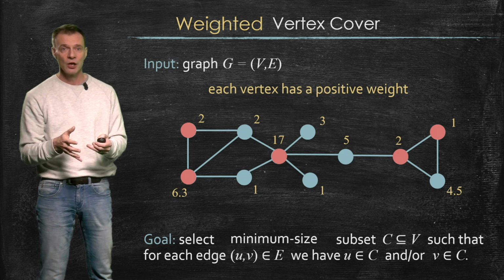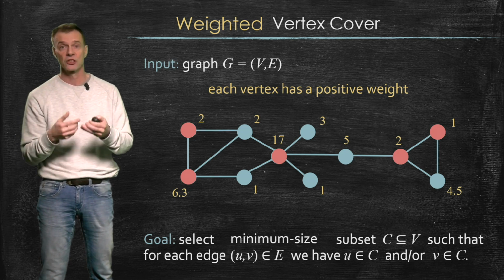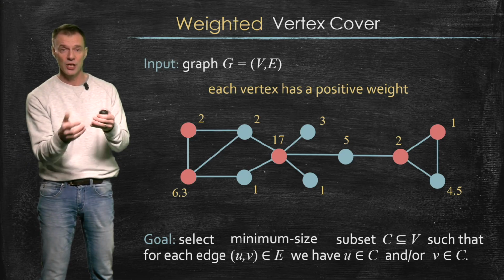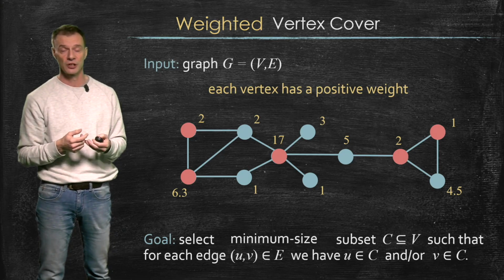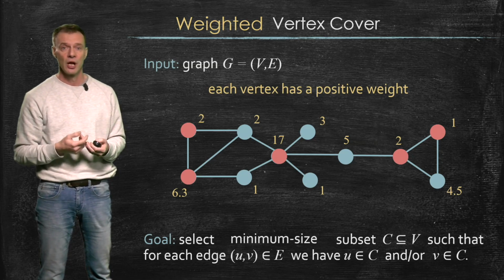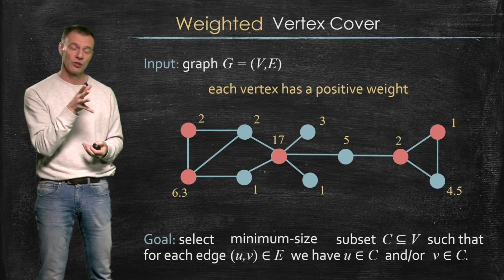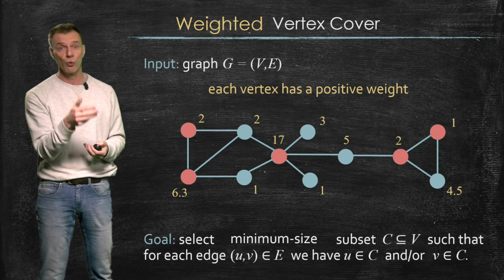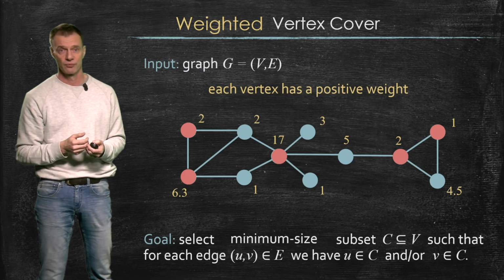And now again, we want to compute a subset of the nodes, a cover, so that for every edge, at least one of the two endpoints is included in the cover. But now, instead of minimizing the number of vertices in the cover, we want to minimize the total weight of these vertices.